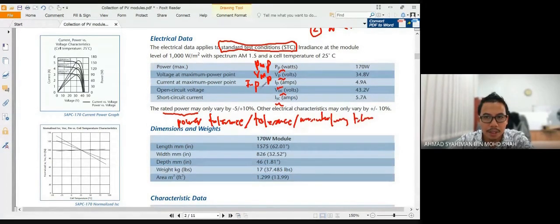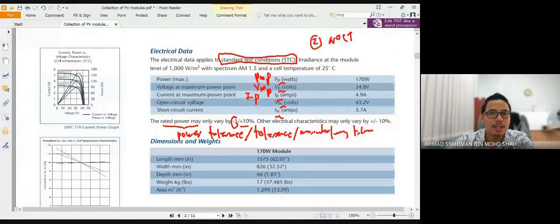Okay. So ini rated power may only vary minus 5 plus 10. Maksudnya dia ada tolerance. Tolerance maksudnya contoh yang ini 170 watt kan. 170 watt tu maksudnya ketika maksimum tu, maksimum case dia boleh pergi sampai 170 plus 10%.